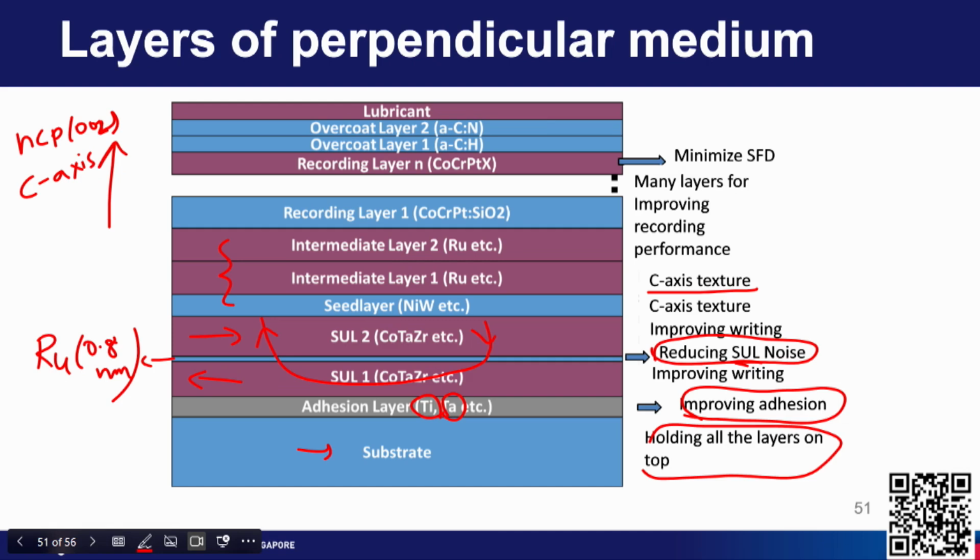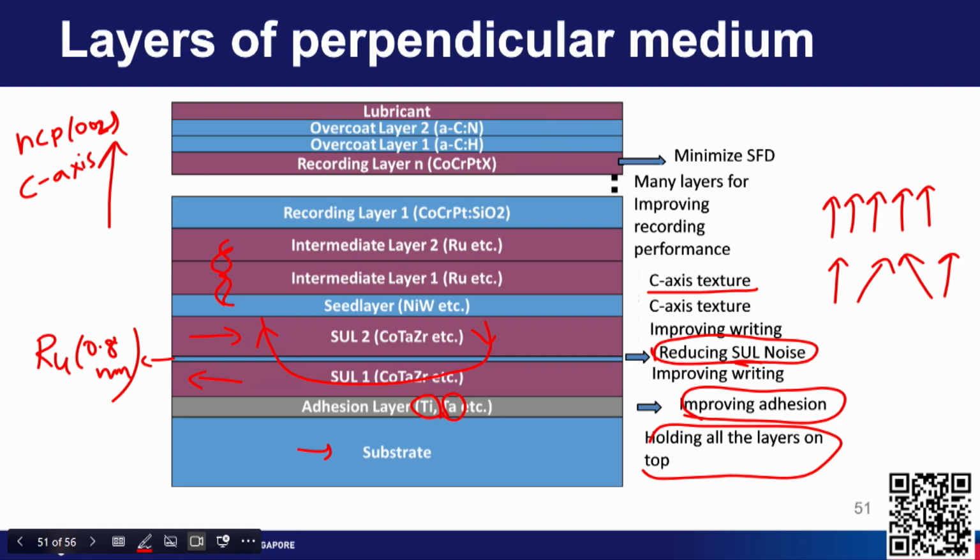By tuning this, you can maximize the number of grains which will have the C axis in the perpendicular direction. If you do not optimize these layers, you will have some grains with a C axis like this, some grains with a C axis like this, and so on. So, you will have some randomness.